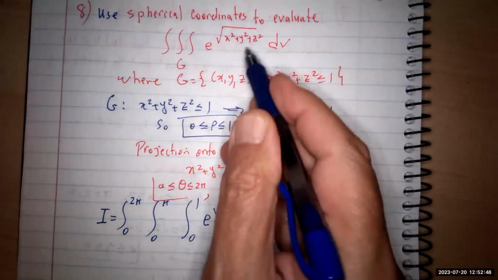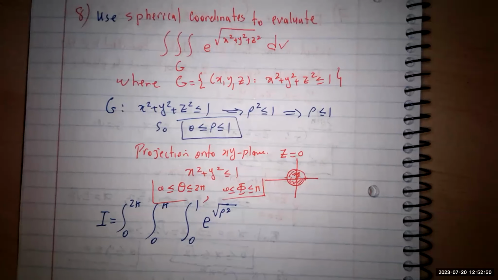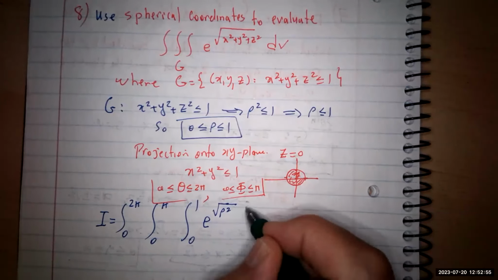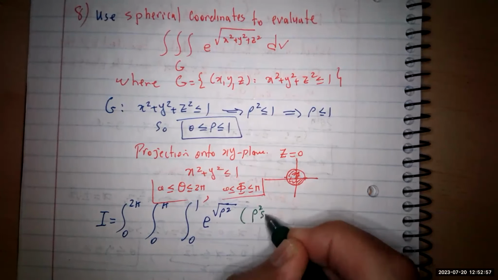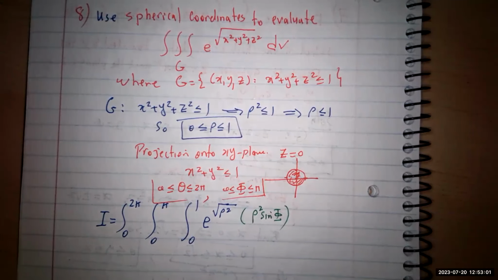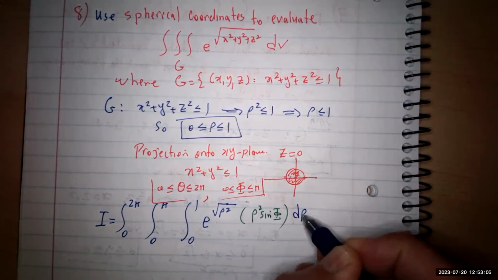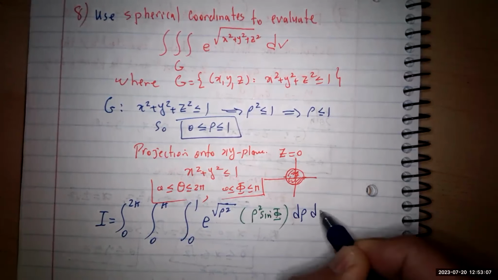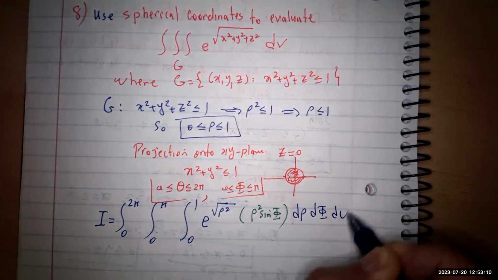You have to change it, and x squared plus y squared plus z squared is rho squared. Extra term for the spherical coordinates, rho squared sine of the phi. Make sure you don't miss it. Okay, and then you integrate with respect to rho, with respect to phi, and with respect to theta.